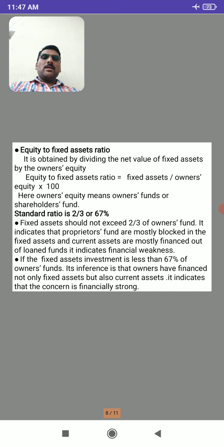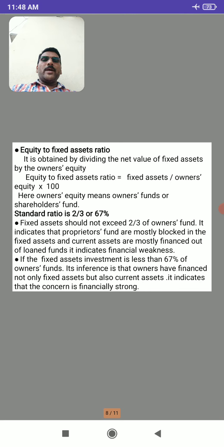It indicates financial weakness. If the fixed assets exceed 67% of the owner's fund, it shows financial weakness. If the fixed asset investment is less than 67% of the owner's equity fund, it indicates the firm is financially strong.